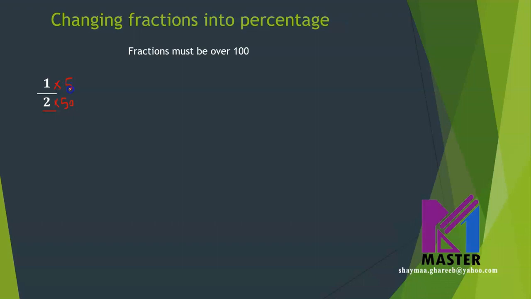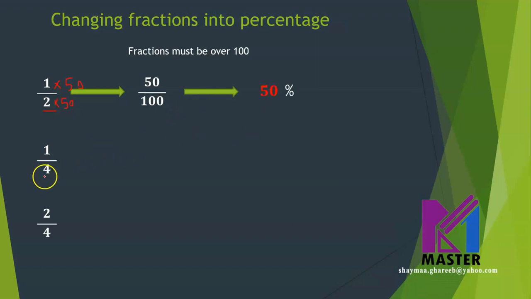So I have to multiply the 1 by 50 as well. So 1 times 50 equals 50, and 2 times 50 equals 100. So the fraction will be now 50 over 100. So if I have a fraction over 100, 50 per 100 or 50 over 100, which means 50%.